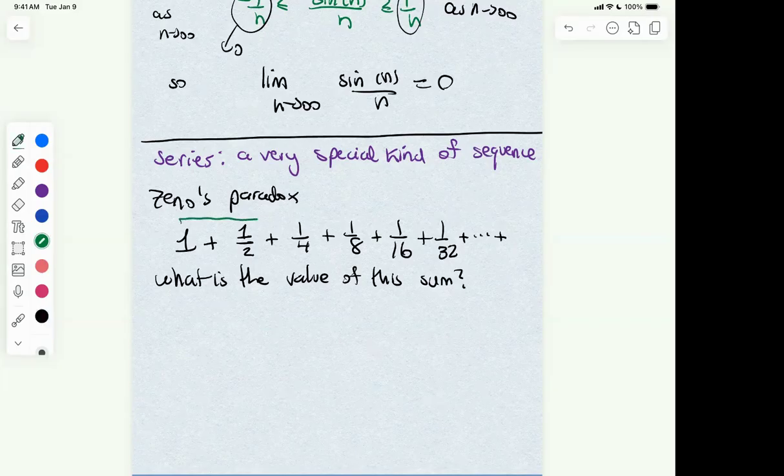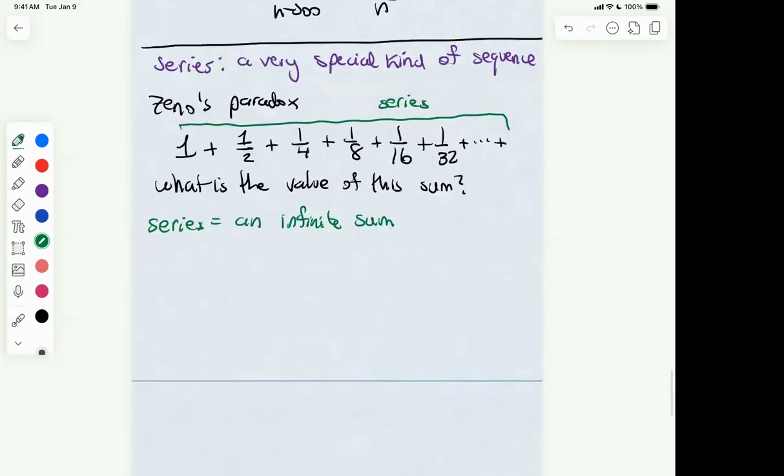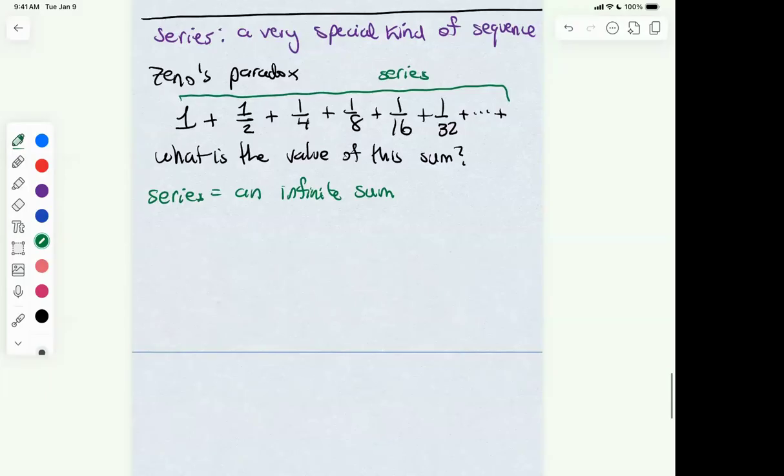So a series is going to be an infinite sum, basically. I'll write some classic examples of series, and then I'll show you how we can attack and understand them using this stuff about sequences.